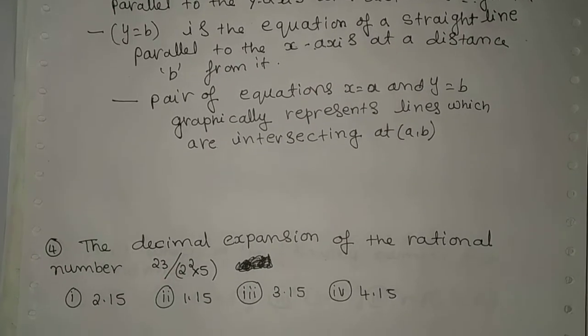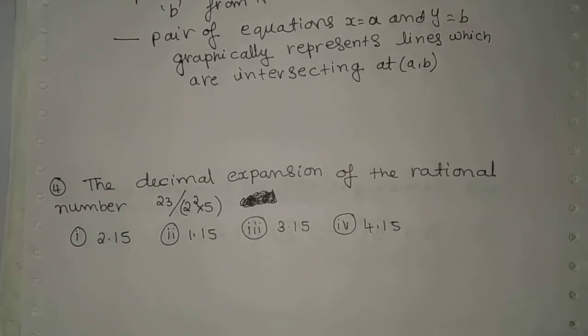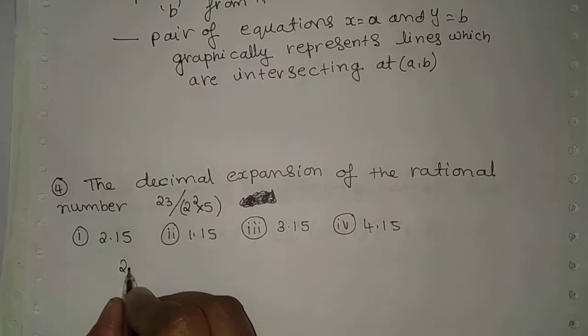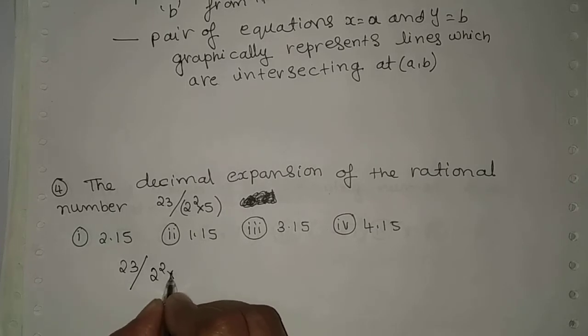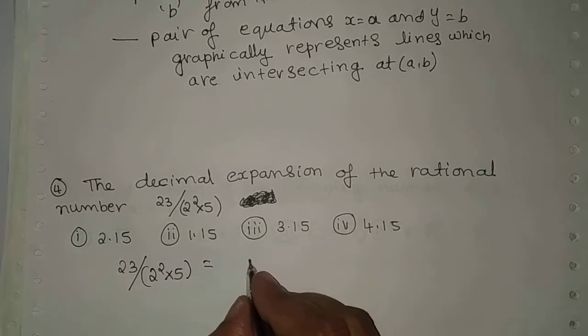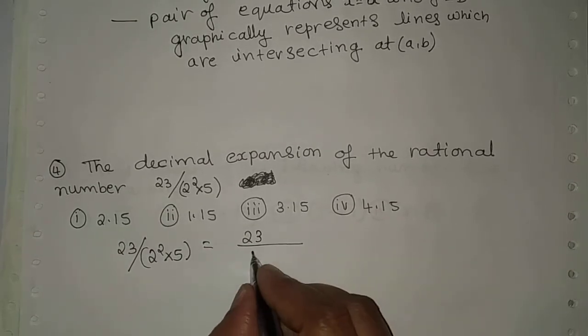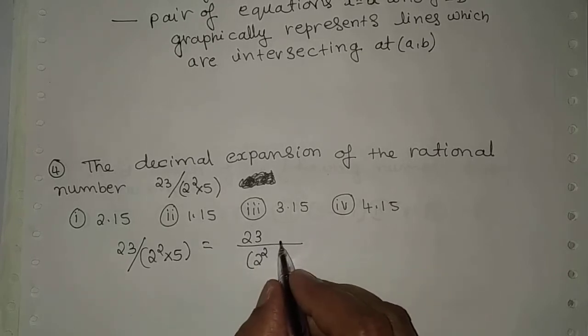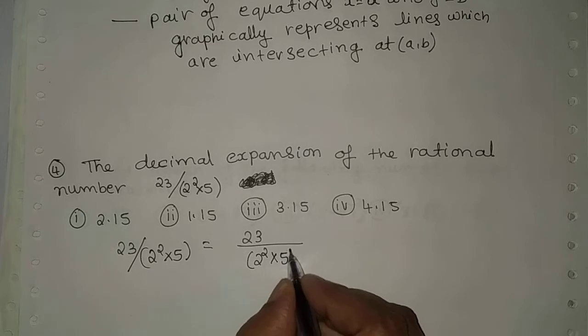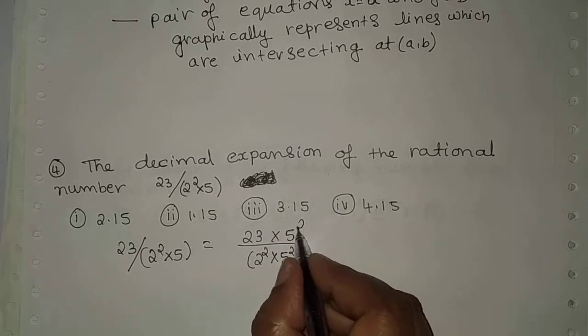So we move on to the fourth problem. The fourth problem is the decimal expansion of 23 by 2 square into 5. See, the power in the denominator is 2, therefore 23 by 2 square, we have to make the power in the numerator also 2, therefore we make this 5 square.